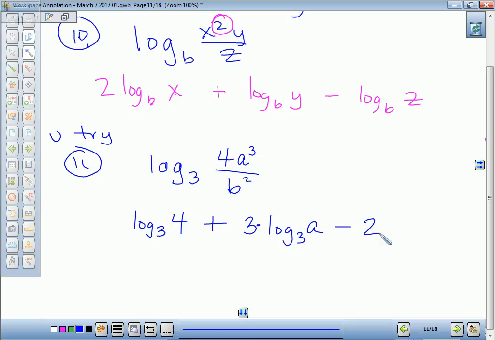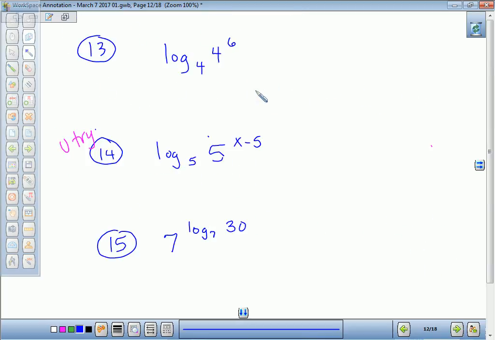Minus 2 times log base 3. Very good. And that is expanded. So condensing, expanding, the same thing, just two different ways.